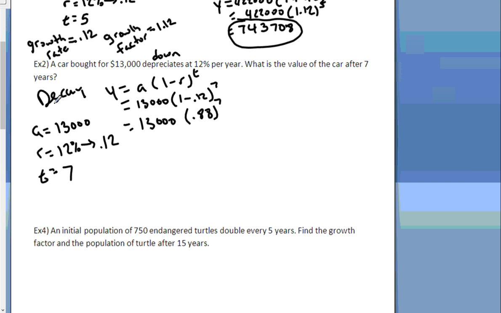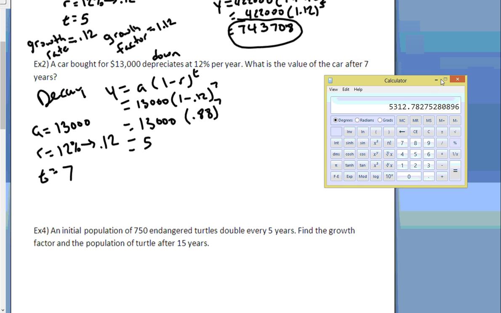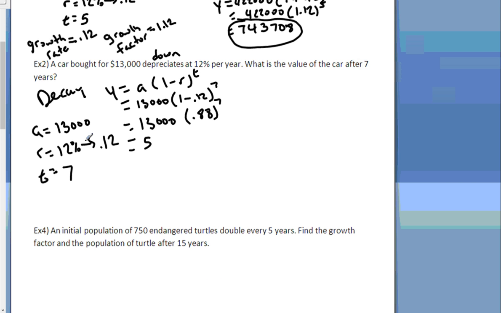So after 7 years, the car will be worth 5,000, what did I say, 712? 312. So it's worth about $5,312. Give or take a little bit, yeah?